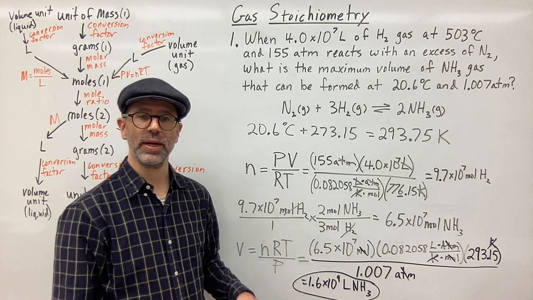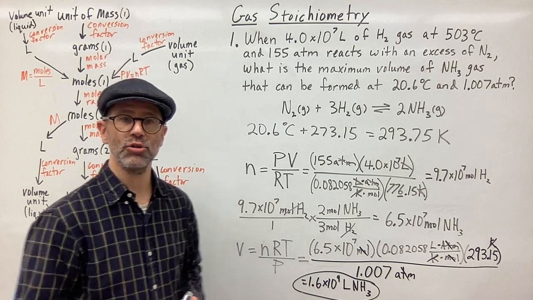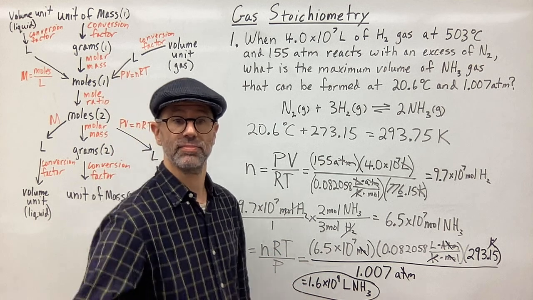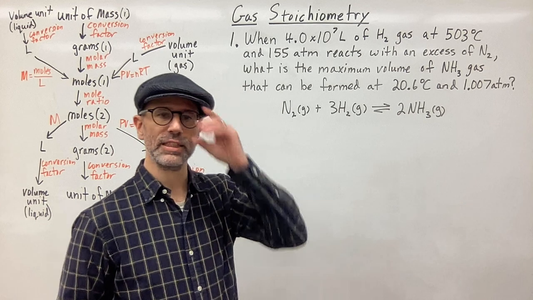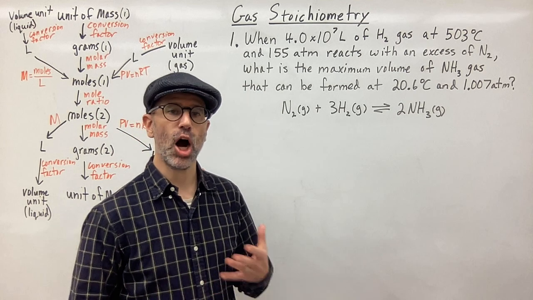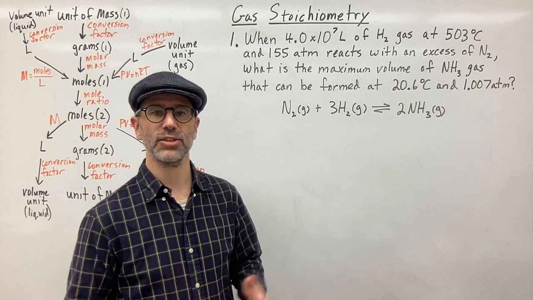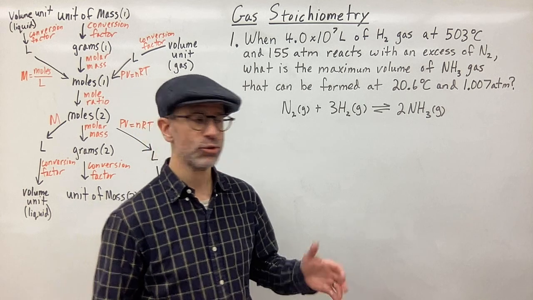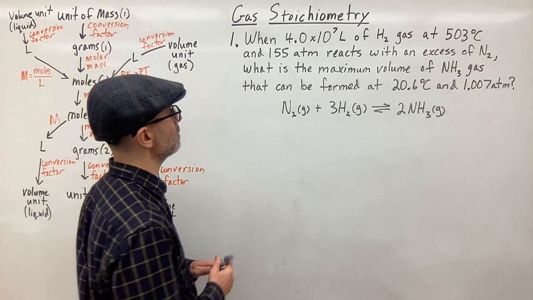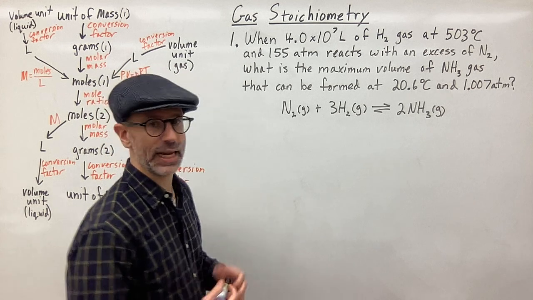Now that's the first way to do it. I'm going to show you a second way to do it. So the second way to do this problem is to treat the R constant, the ideal gas law constant, as a complex conversion factor. So let's show you how this is done. We're going to start everything the same way.